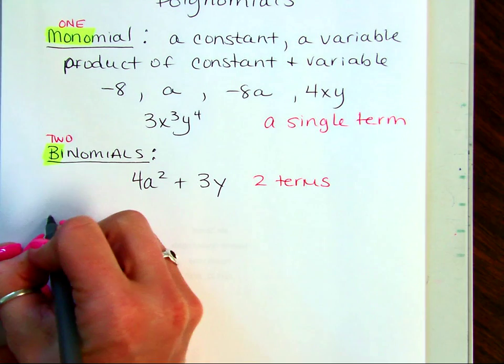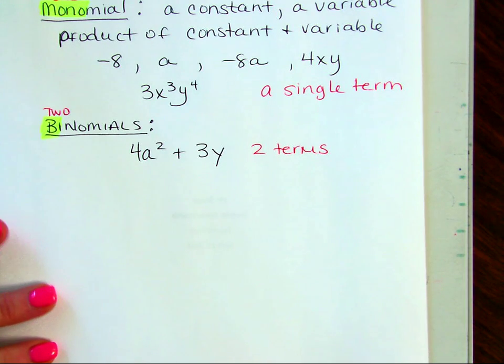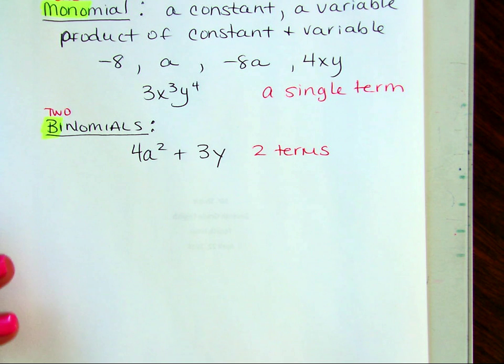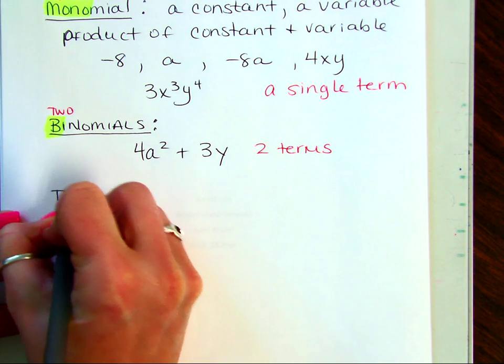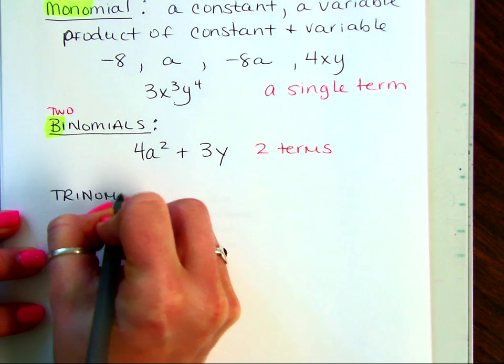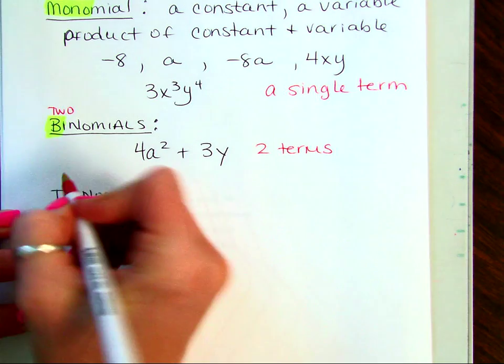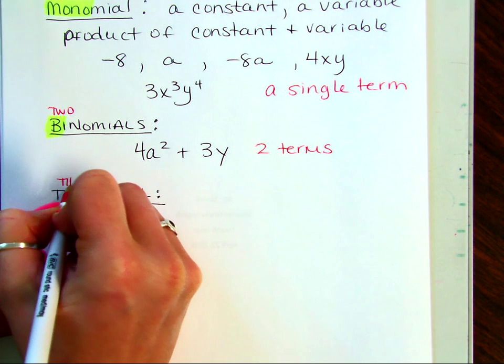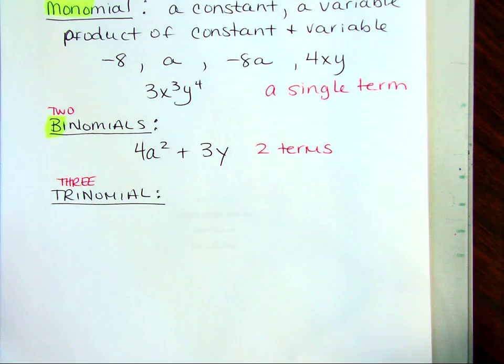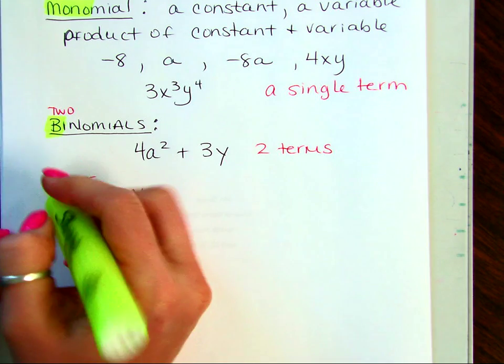Pretty simple. So what do you think is next? What prefix comes? How many wheels does a tricycle have? 3. What prefix means 3? Yeah, tri. Triangle has 3 sides. So a trinomial has 3 terms, and each term is a monomial.